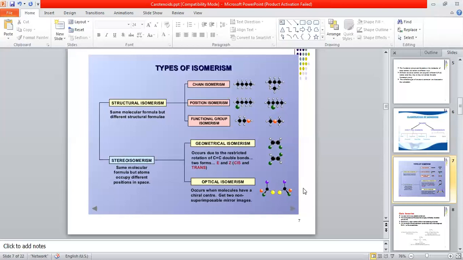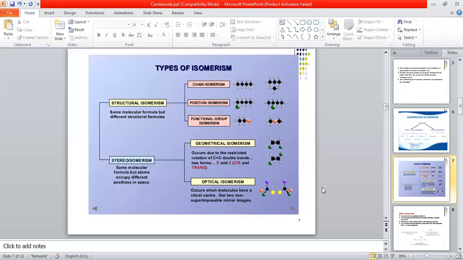A chiral center means different groups are present surrounding the carbon atom. One side methyl, next side alcohol, the third side hydrogen, the next side chlorine, bromine, iodine, like that. If the surroundings of this carbon atom have different types of groups, that carbon is called a chiral center.